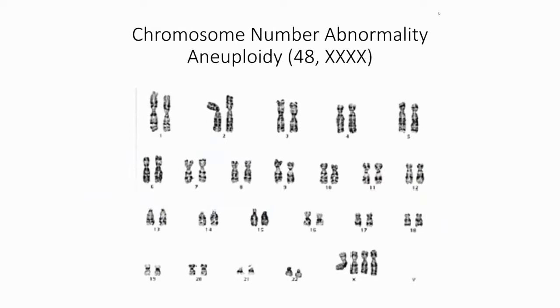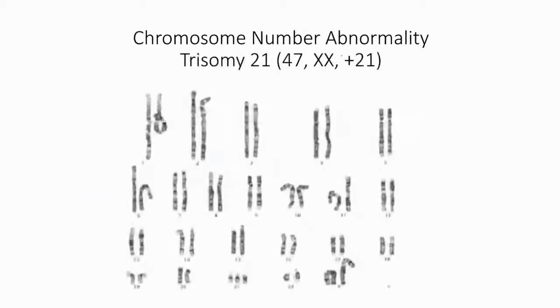And then for this one, the chromosome number abnormalities, aneuploidy. So you see 48, XXXX. So you have 48 chromosomes. Normally you should have 46. Now you have 48, and those two extra chromosomes are sex chromosomes, X. Okay, so you can see you have 4 X chromosomes. So that's called 48, XXXX.